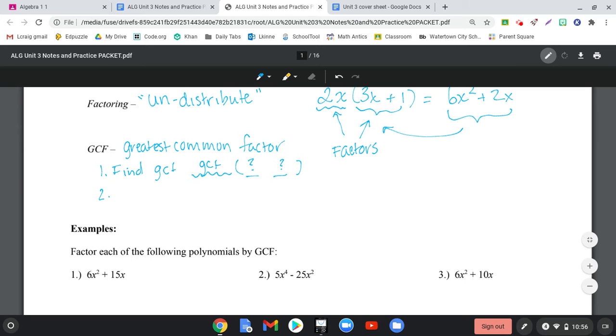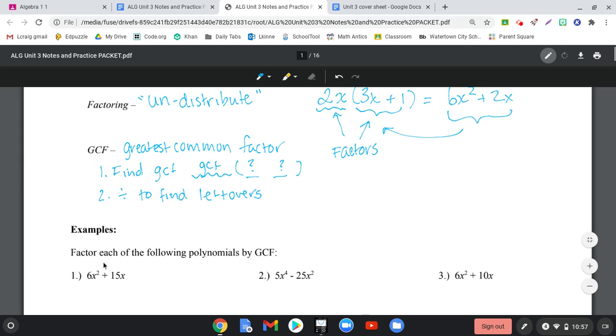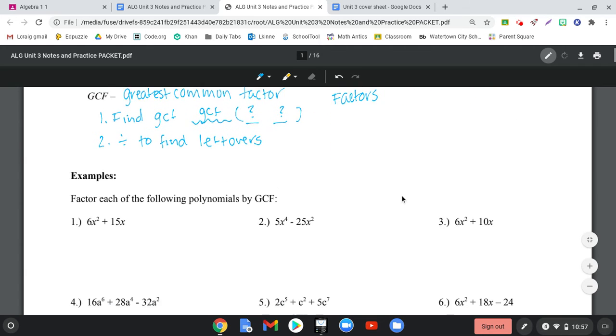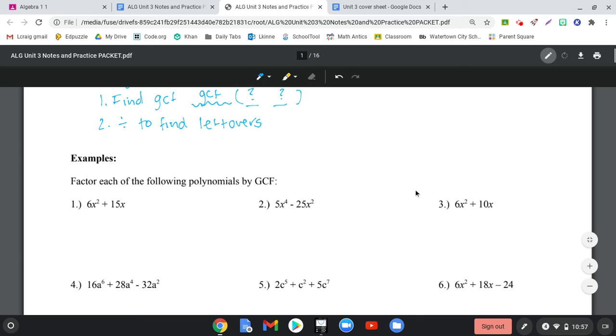There's a couple ways to look at it. We'll divide to find the leftovers. You might be saying, what is she even talking about? But once we get going, I think you'll be okay. It's important, too, to do a mental check at the end. Make sure if you were to distribute again that you ended up with the same thing.